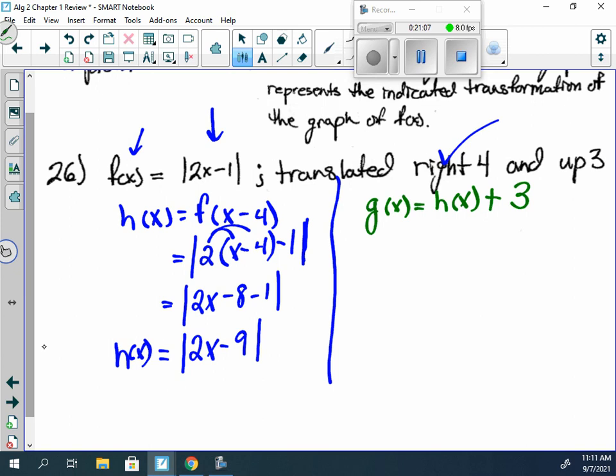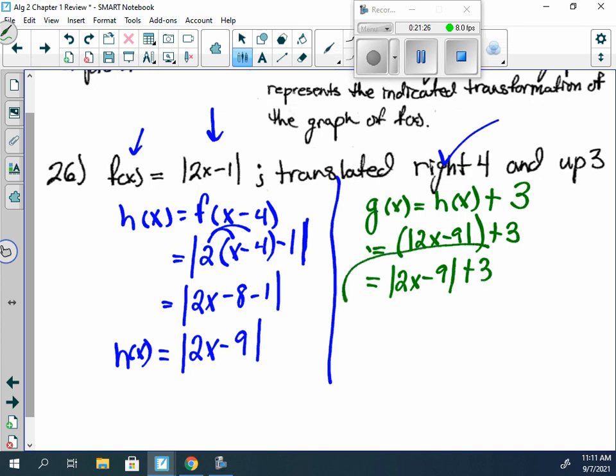So we would say h of x plus 3. Now what is h of x? So it's the absolute value of 2x minus 9. And then we'd have plus 3. Since there's nothing outside the parentheses, we'll just drop it. And that is it.